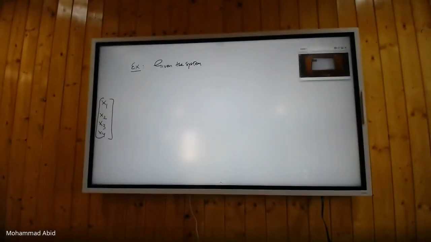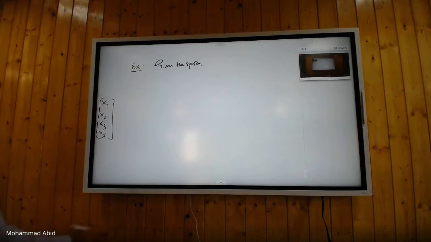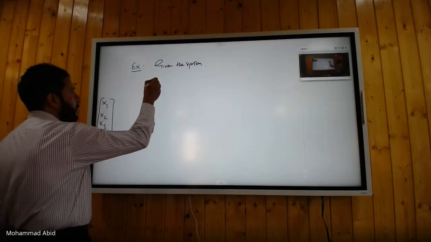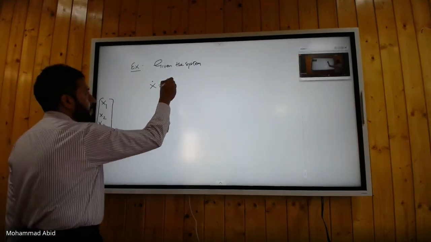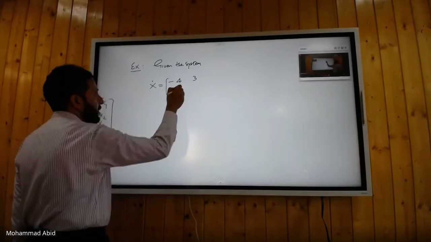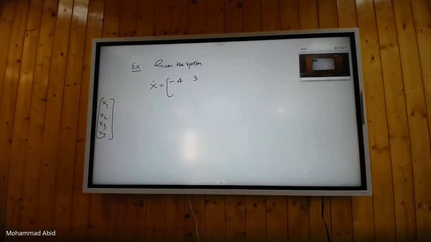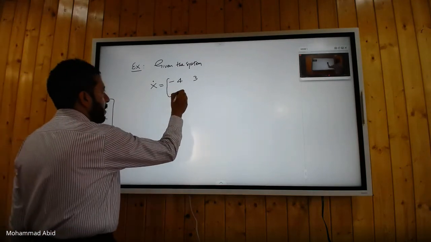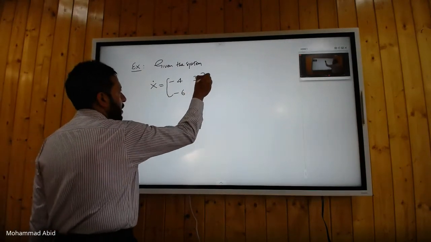Given the system x dot equal to [-4, 3; -6, 5] into x.